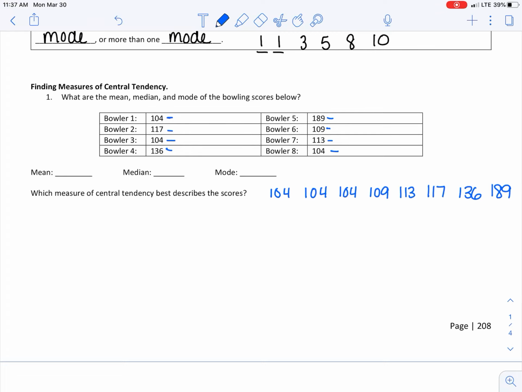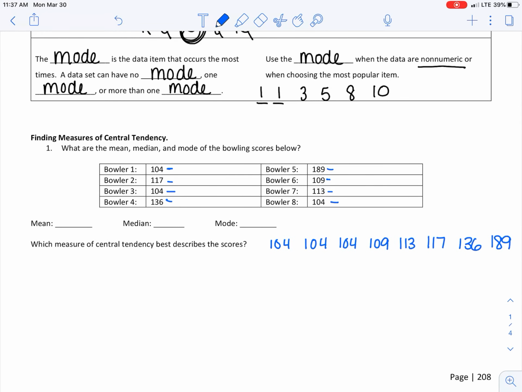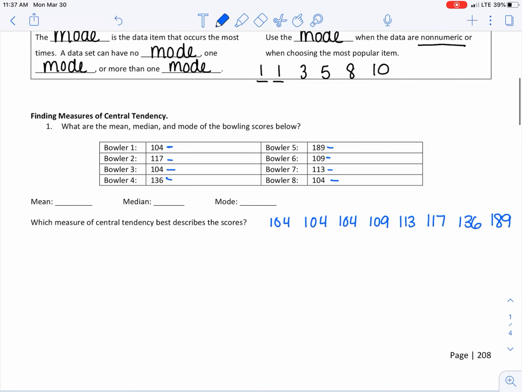So if we want to find mean, and you come back up here and you look, mean is often referred to as the average. It equals the sum of all of the data divided by the number of data values you have. So in this case, we're going to take 104 plus 104 plus 104 plus 109 plus 113, 117, 136, and 189.